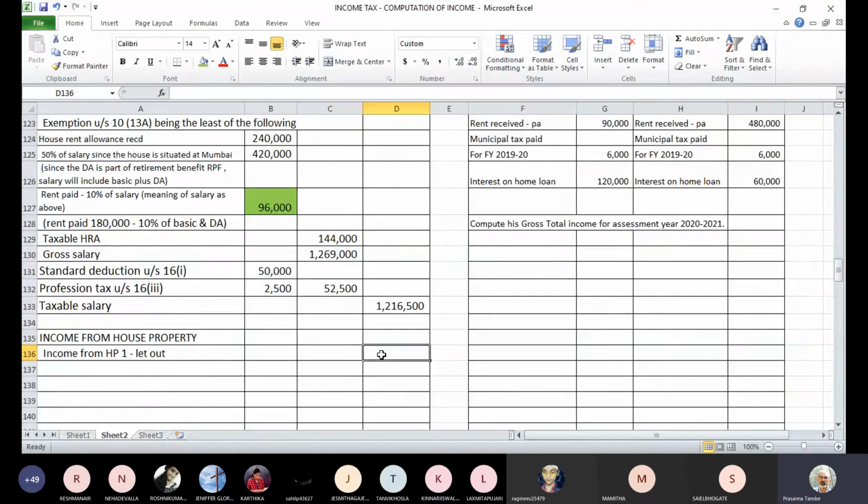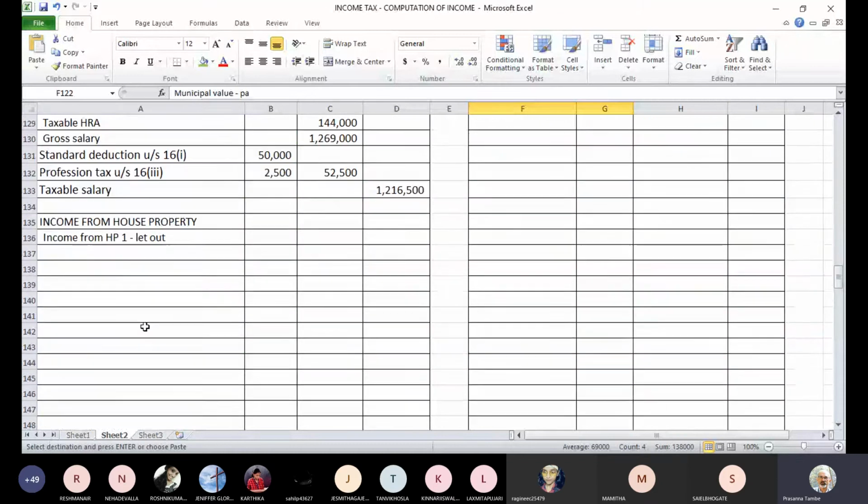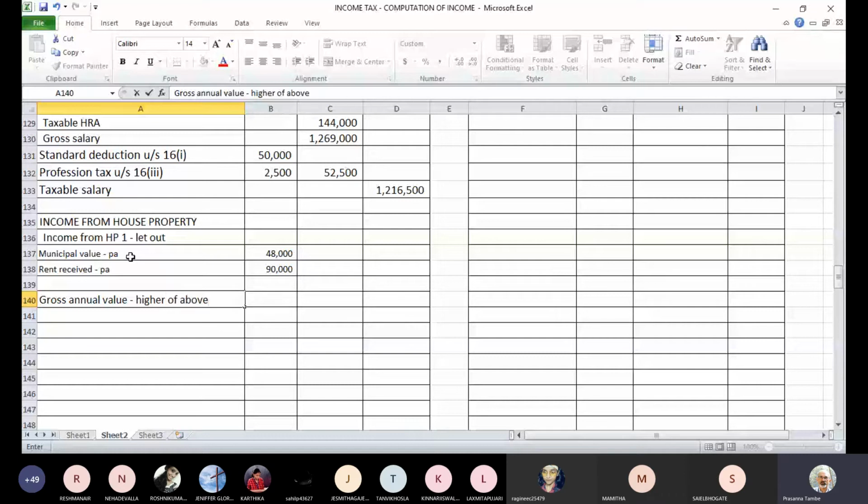Income from HP1, which is a let out property. You are given municipal valuation and rent received. So your gross annual value is 90,000.